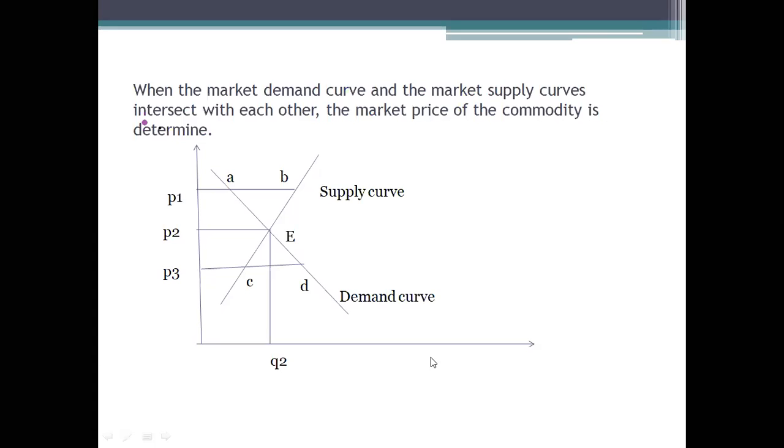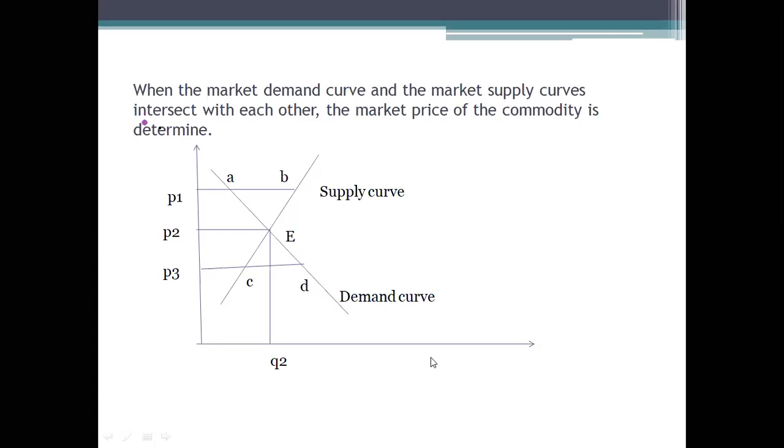Okay. So we know that when we determine the market price, first of all, we need the demand curve. That means market demand curve. I mentioned that market demand curve is a combination of individual demand curves. Suppose in a market there are 10 individuals. Each individual has their own demand curve.